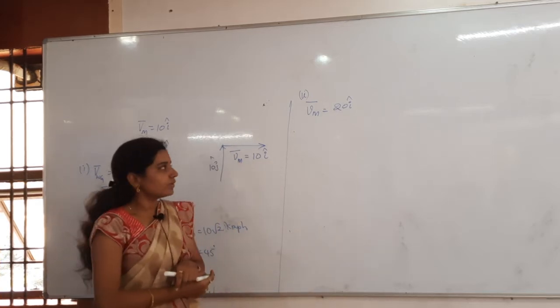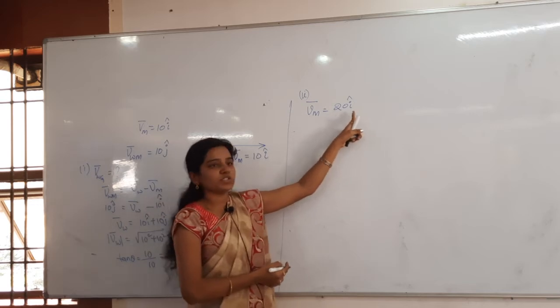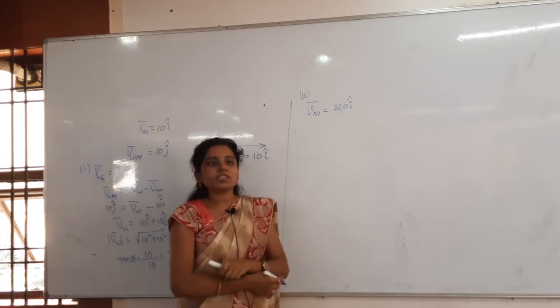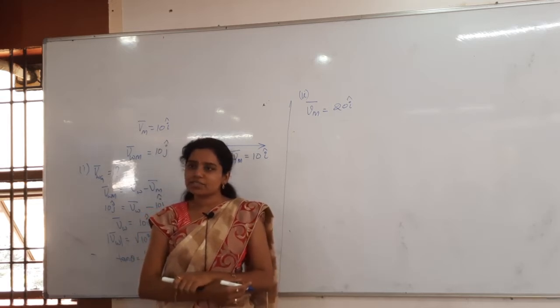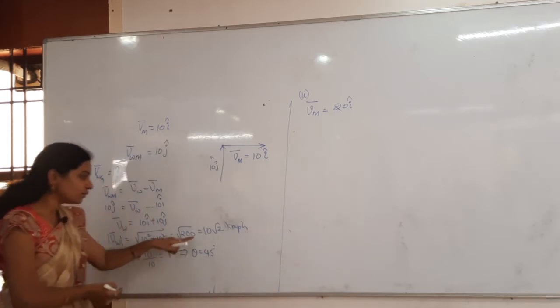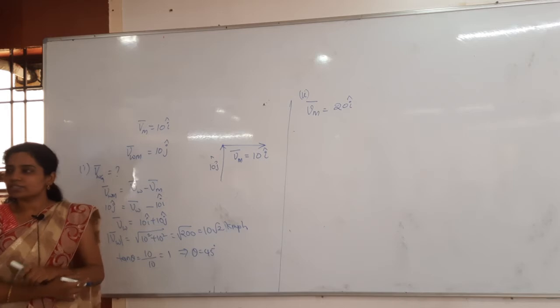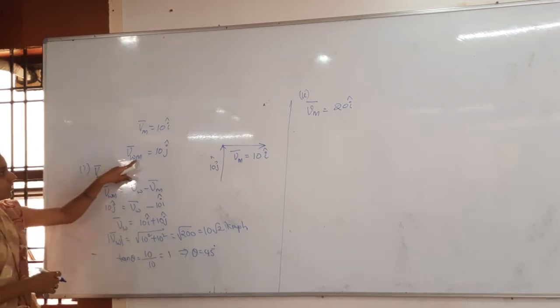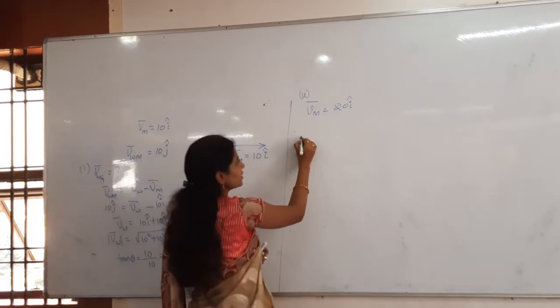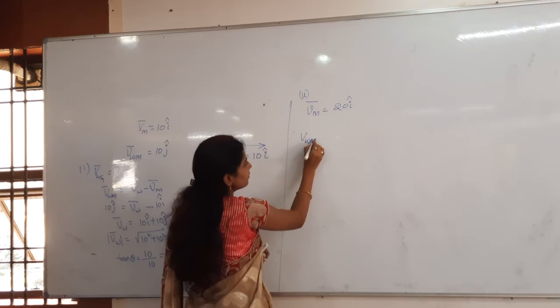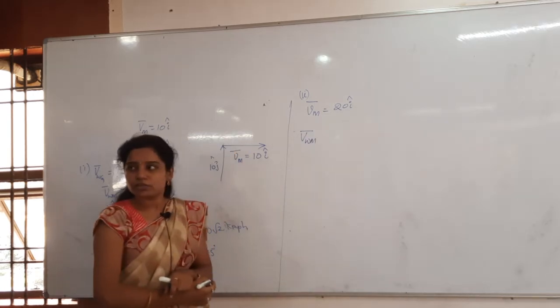So the velocity of the man is 20 i cap, and the velocity of the wind is the same, 10 root 2. Finally, what they are asking in the second question is the velocity of the wind with respect to the man.